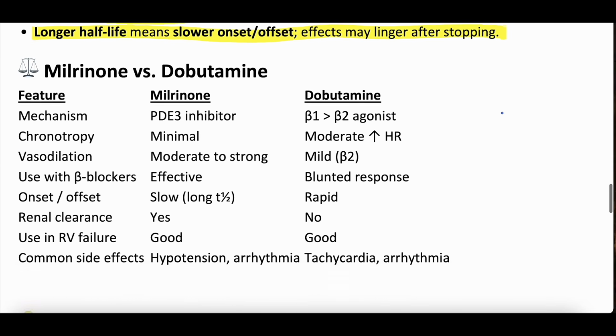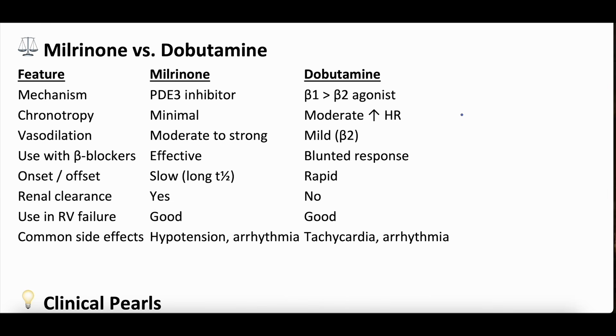If we compare Milrinone to Dobutamine, which we've done a little bit already, but formally, the mechanism of action of Milrinone is PDE3 inhibition, phosphodiesterase 3, whereas Dobutamine is a catecholaminergic or adrenergic inotrope, so it affects beta 1 and beta 2 receptors. Milrinone has minimal effect on heart rate or chronotropy, whereas Dobutamine does increase heart rate and chronotropy.